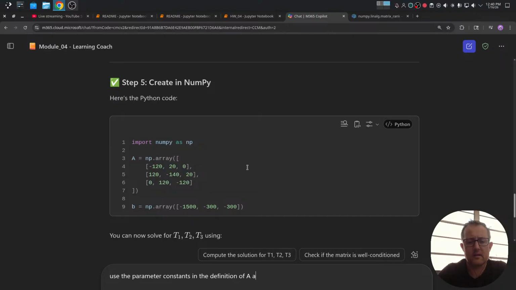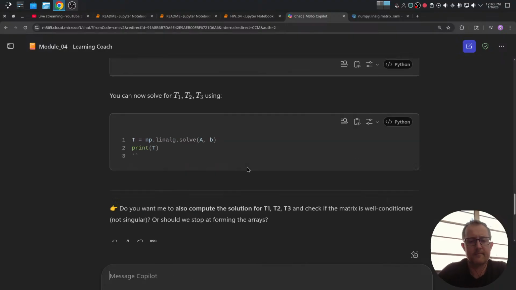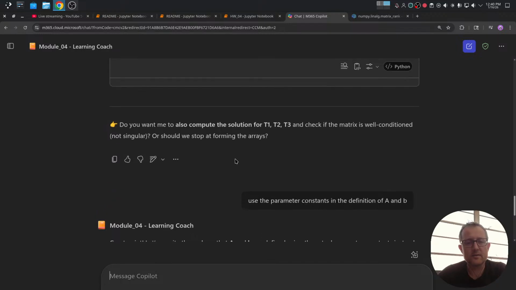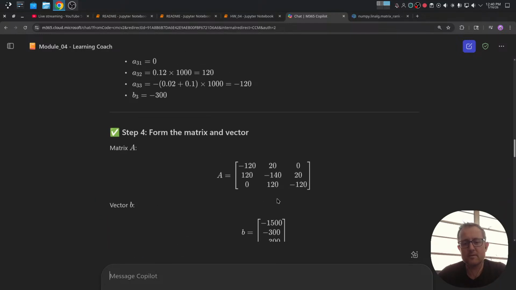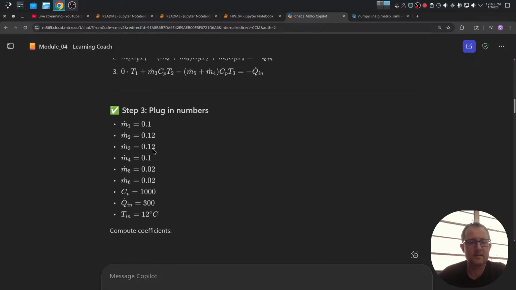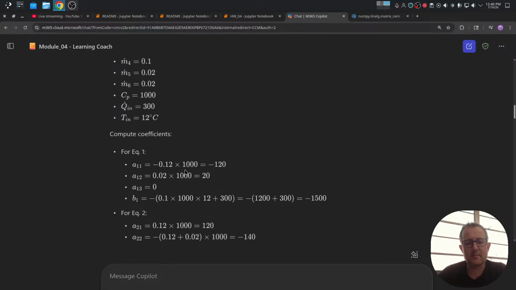Of A and B. Because I want to see how it's taking those things. I know it's taking me through step by step and saying, hey, A11 is this, but it's kind of skipping some steps, and I don't trust AI math. It's really not very good at math.